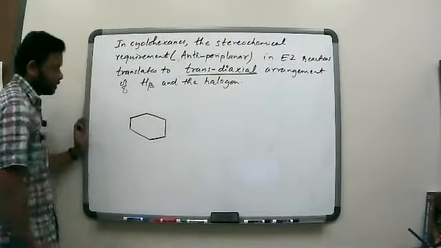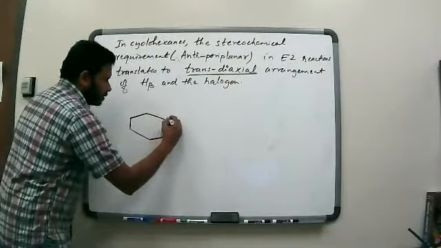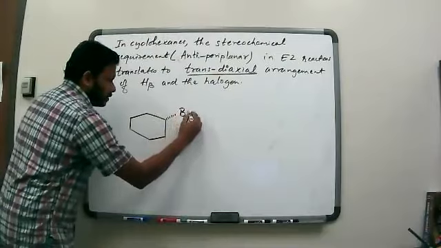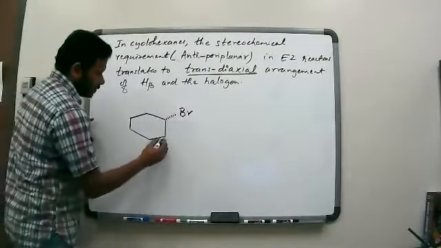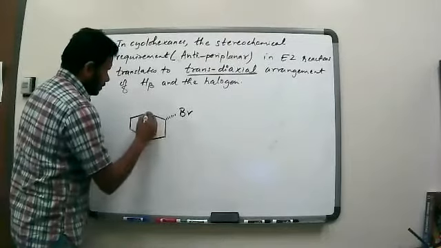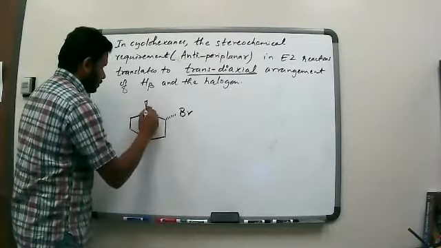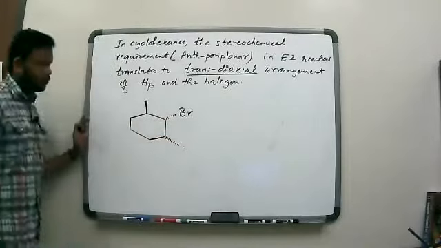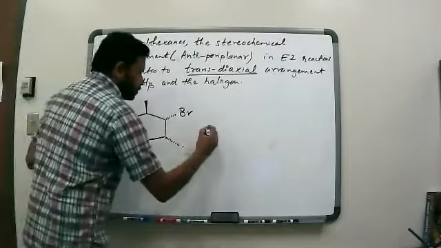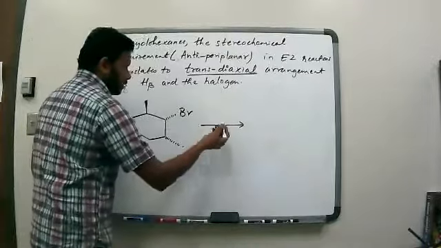a cyclohexane, and let's say we have a bromine over there, and there is a methyl group here, and there's a methyl group here. And what we're going to do is we are talking about an E2 reaction.